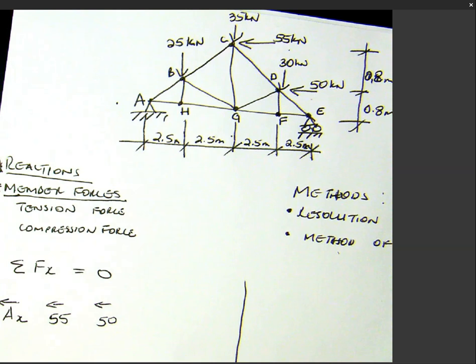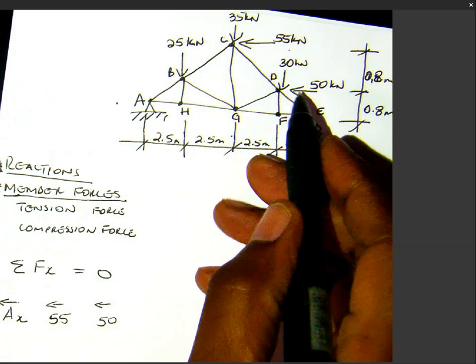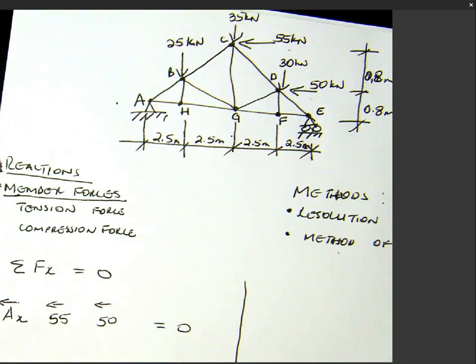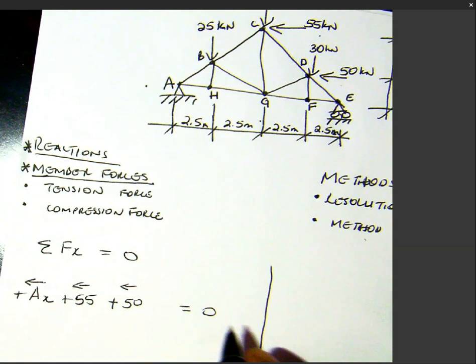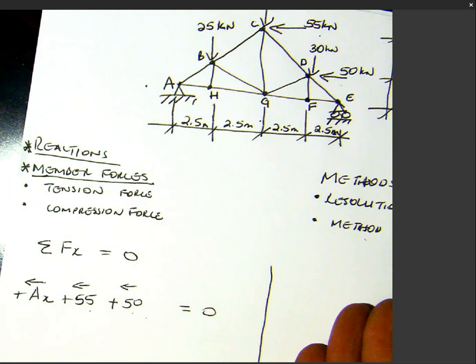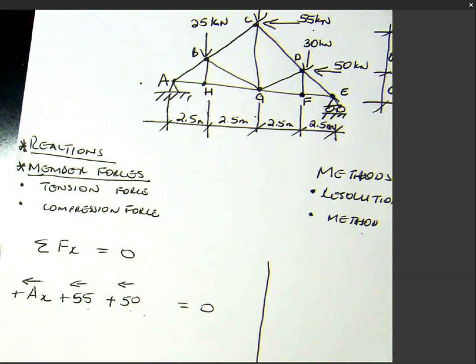Those are the only horizontal forces I have. Because they're all going in the same direction, I can just say plus plus plus. Obviously, if I take these two to that side of the equal sign, then I am going to get a negative answer. I'm not going to work out the answers, guys. You're going to do that yourself.